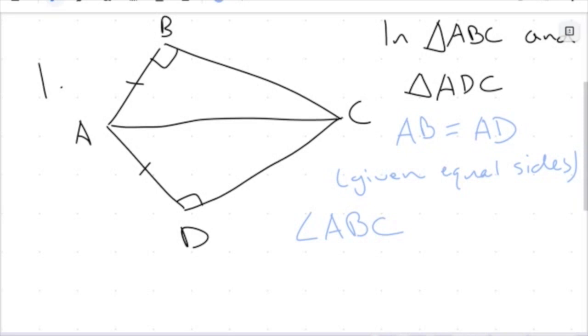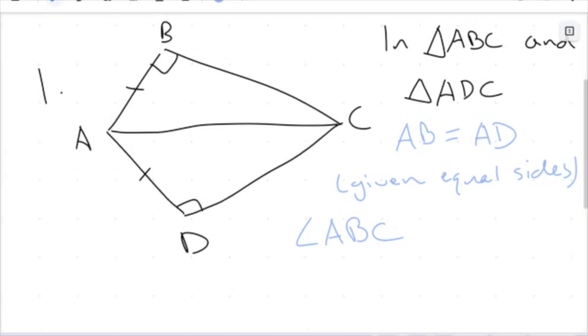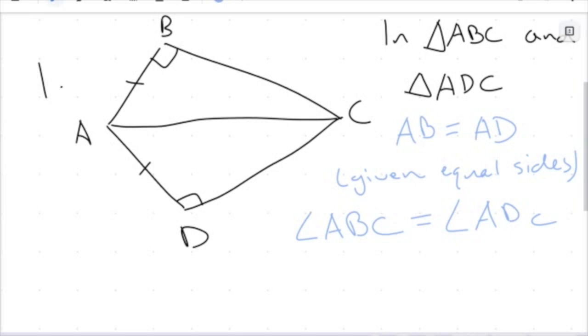So remember, I can list angles as just the two sides where the arms are of my angle, with the vertex, the middle point of my angle, this B here, being written in the middle of my angle notation. So angle ABC equals angle ADC, and this is given equal angles. So given equal angles.